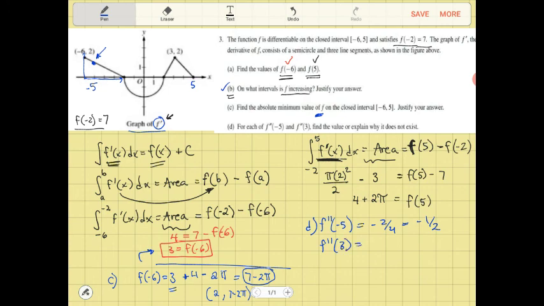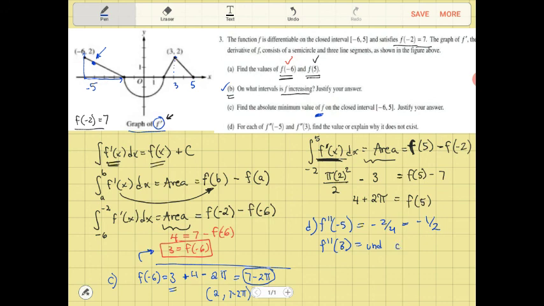Can we tell the slope of the function when x equals 3? Well, hopefully you realize that at this point, to get the slope of the function, we won't be able to do it. This is undefined. Why is that?